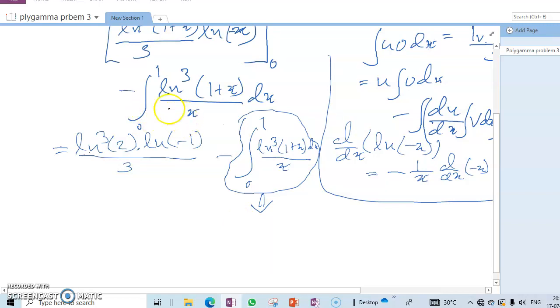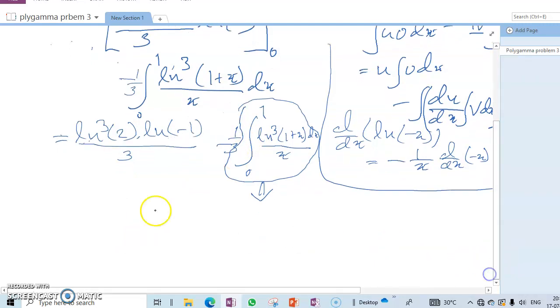In here also 1 by 3 is multiplied, so 1 by 3 multiplied.